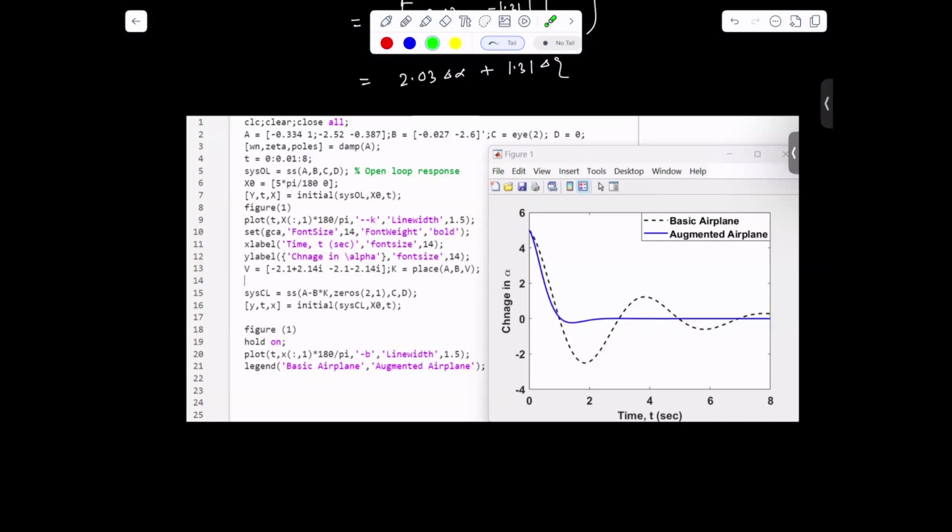But in the case of the basic airplane, even after 8 seconds, the convergence does not go exactly to 0. So here we can say that the augmented airplane performs better compared to the basic airplane. And basically, we have designed the stability augmentation system for the augmented airplane.